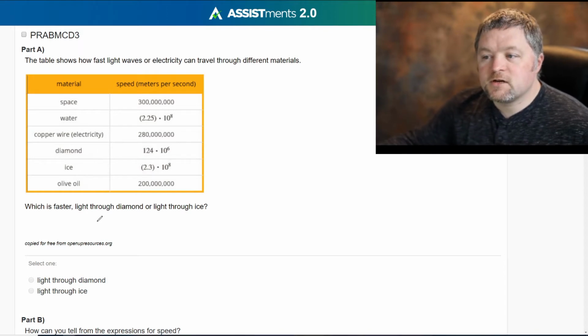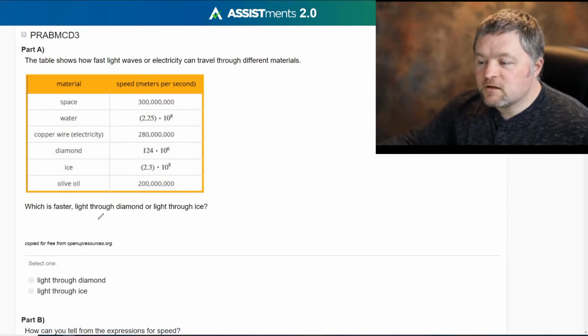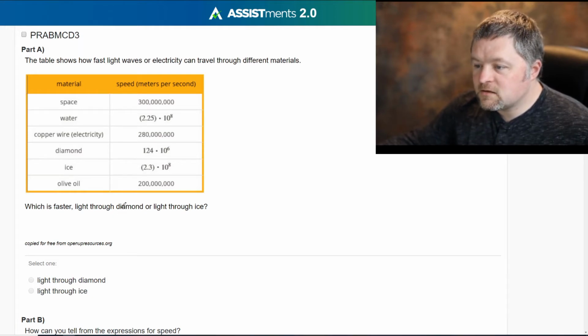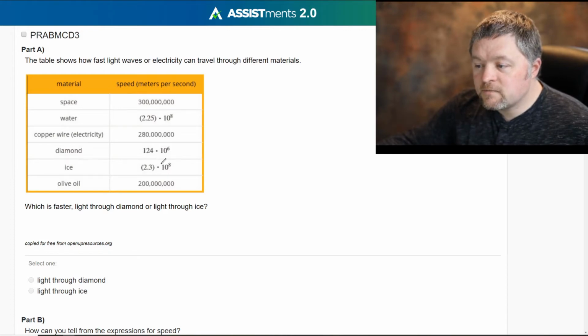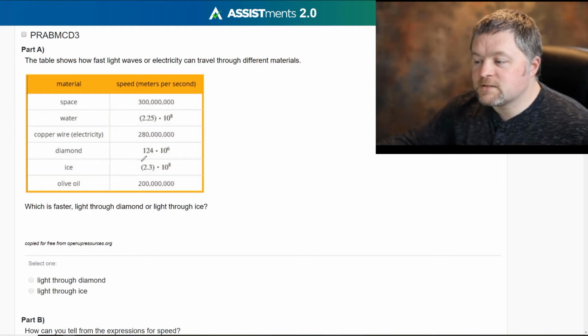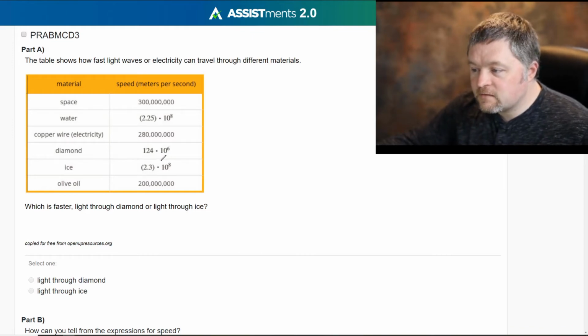The first question on here is, which is faster, light through diamond or light through ice? Diamond is 124 times 10 to the power of 6. And ice is 2.3 times 10 to the power of 8.